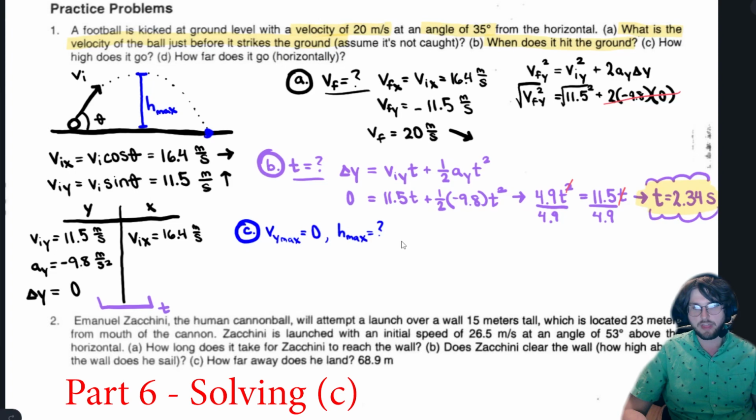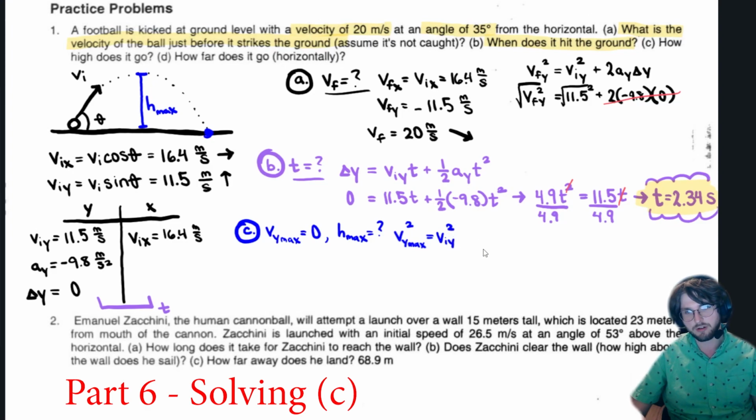So let's go ahead and write all that out. So we've got delta y, or sorry, not delta y, h max. So it's looking like we've got Vy max squared equals Viy squared plus 2 times Ay times h max.